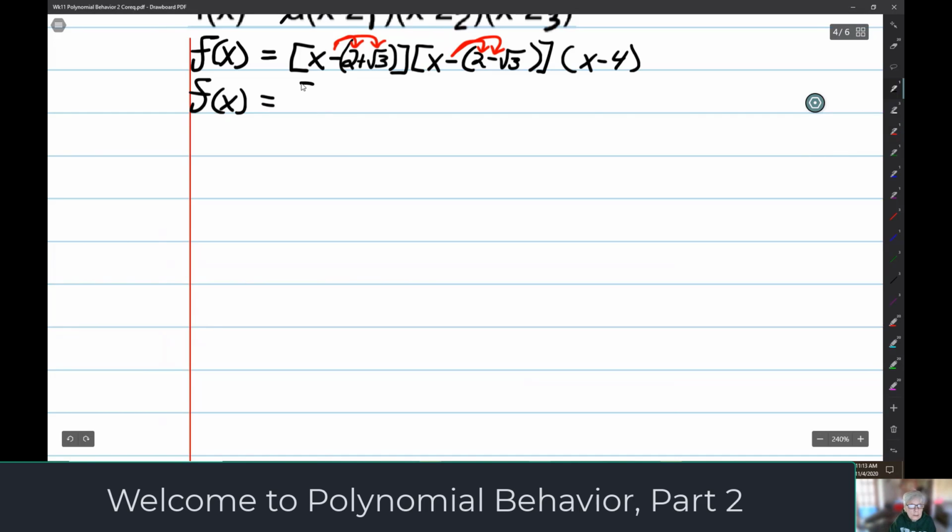And that'll give us x minus 2 minus the square root of 3 times x minus 2 plus, negative times negative is positive, the square root of 3, times x minus 4.